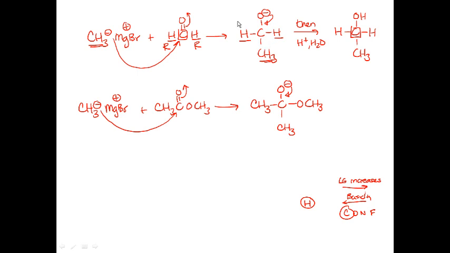So the molecule is stuck in this position as the alkoxide, and it has to wait to be protonated to finish off the reaction. But when we use esters, or in the next reaction, if this OCH3 group is a halogen, it could be a leaving group. It's not a great leaving group, but the key is that it could leave.